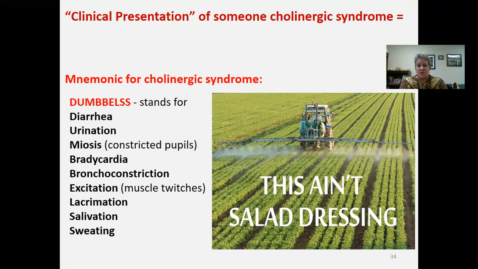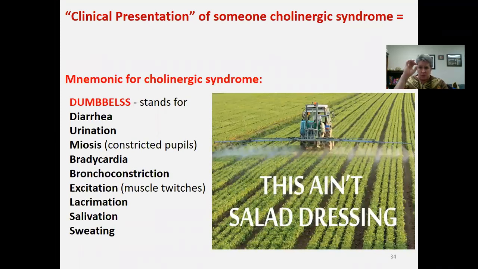If there's too much acetylcholine, your GI tract goes spastic and it's pushing things through too fast, and so you'll have diarrhea. Urination. Acetylcholine is involved in stimulating your bladder muscle, and it does also affect your urinary sphincters, so you could pee on yourself.